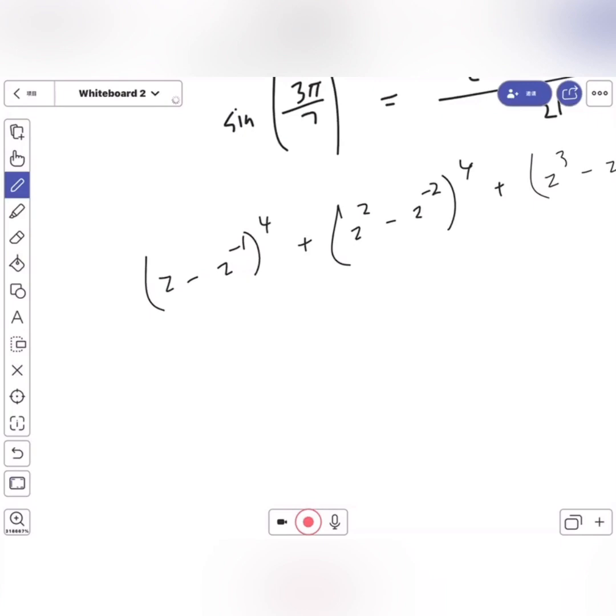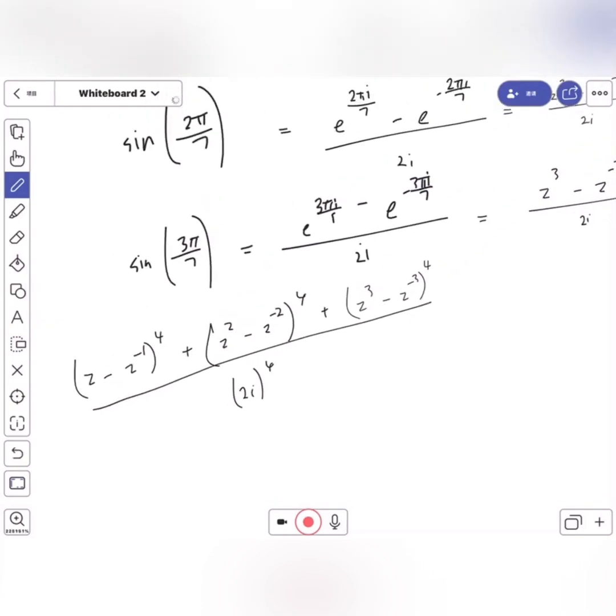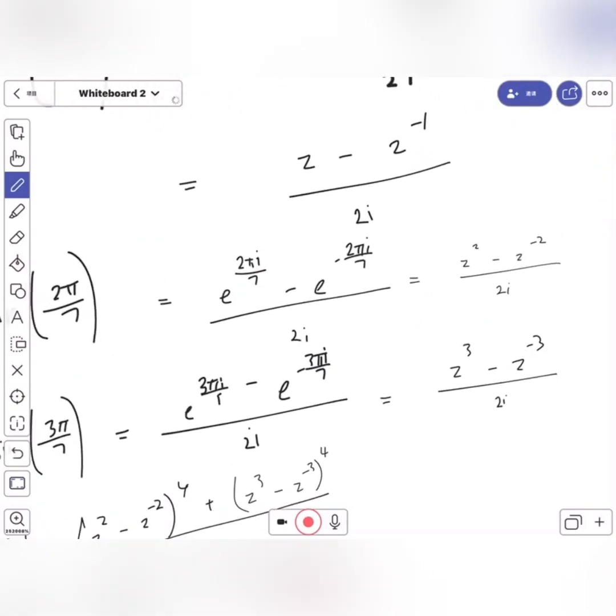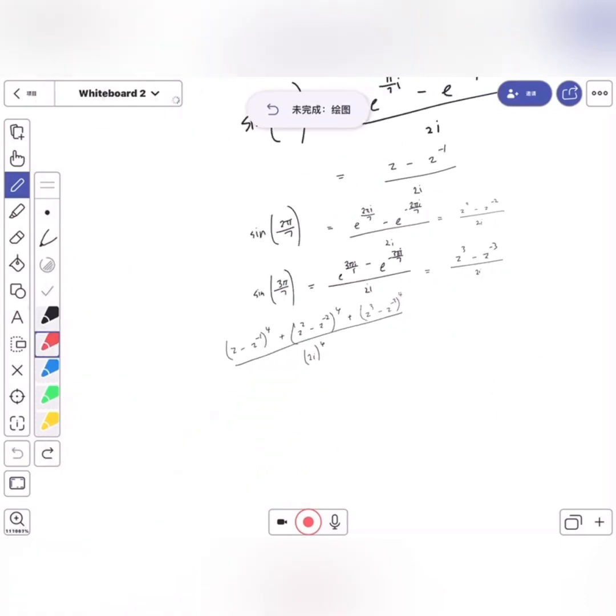The entire thing we're gonna divide by 2i to the fourth power, because we can see that each of these has a coefficient of 2i on the denominator, so we're just gonna pull all of these out.